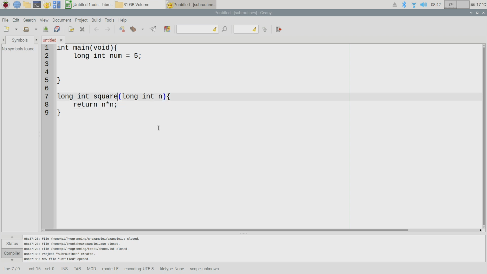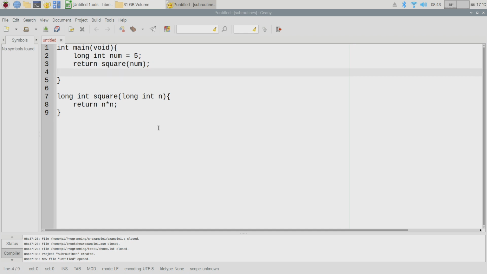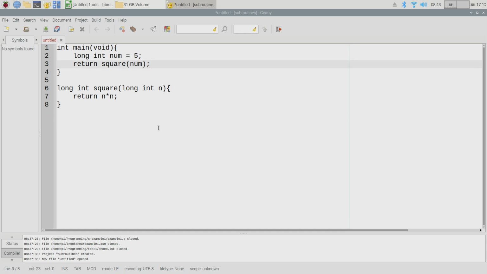Okay, so we'll give this routine an integer, and it'll spit back out the square of this. Let's return, or actually, what do we need to do here? We need to do square of num, and well, how about I just return the squared number, right?